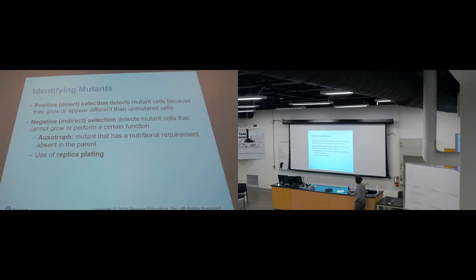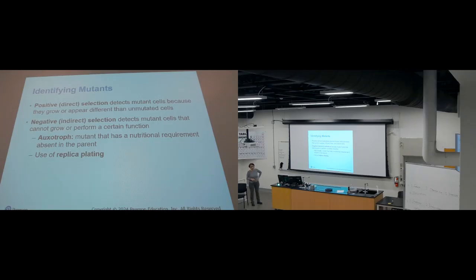These will be mutants that have a nutritional requirement that is absent in the parent. So in this case, you had originally a bacteria that was lactose positive, so you can use lactose, and then you mutated your bacteria, and then you created a lactose minus. So this one cannot utilize it, so that's an auxotroph.